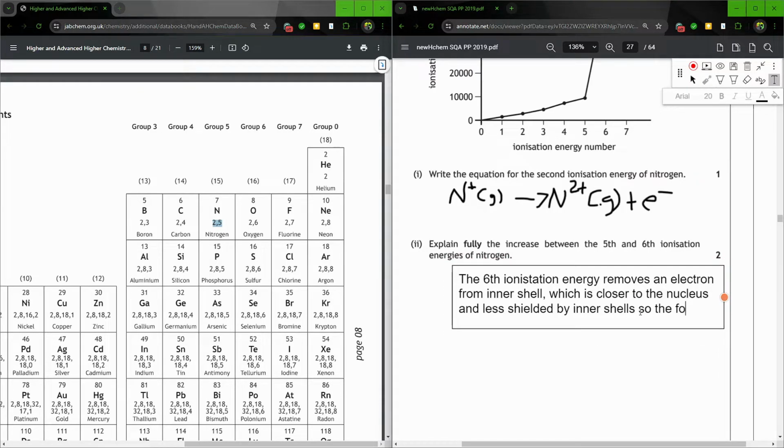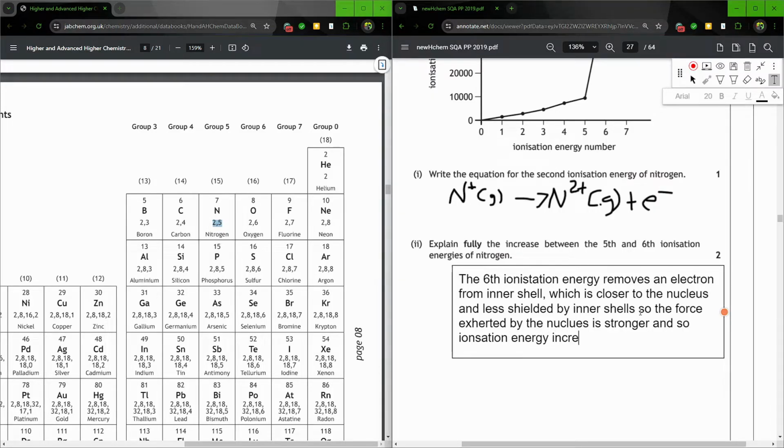So the force exerted by the nucleus, I know how to spell nucleus, I swear, is stronger, and so ionization energy increases.